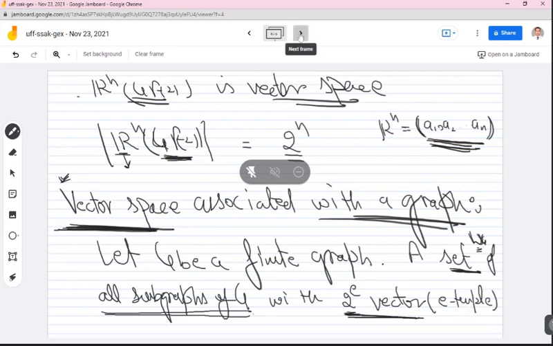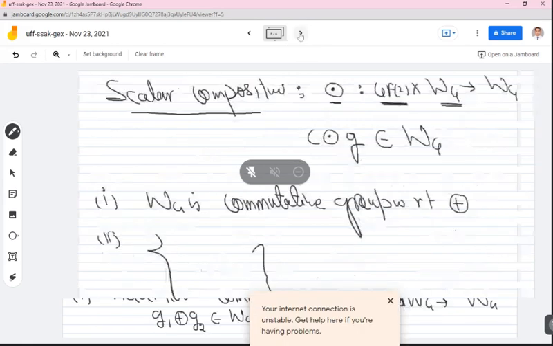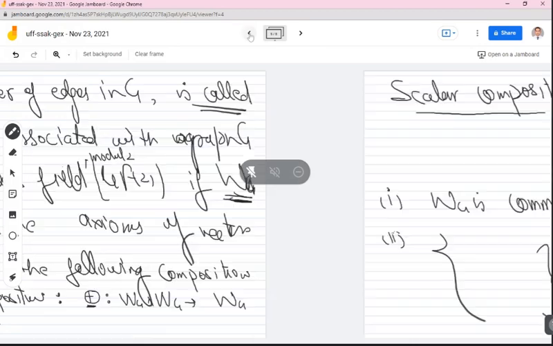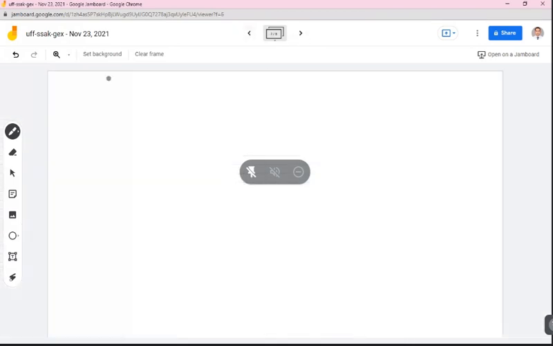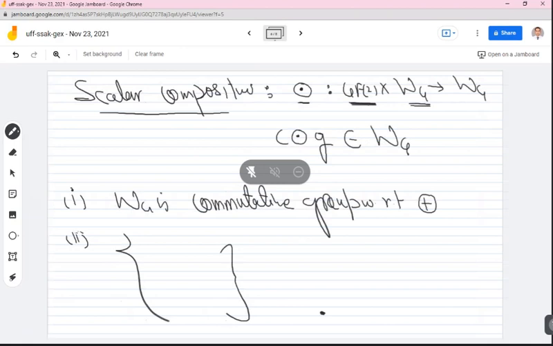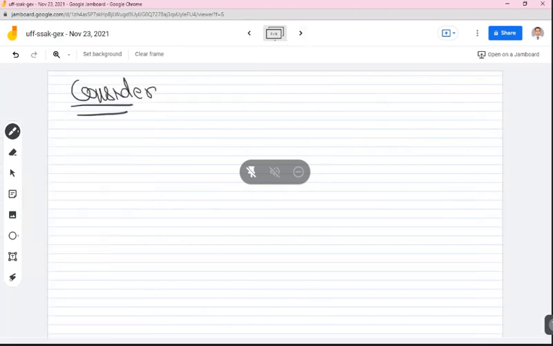So how can we write a subgraph in terms of tuples? That is the question. So let's consider a graph G. Suppose I take this graph. It has E1, E2, and E3.